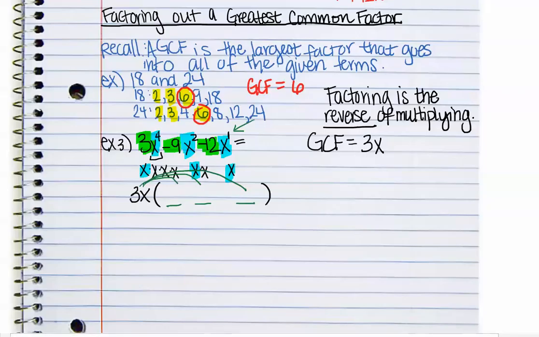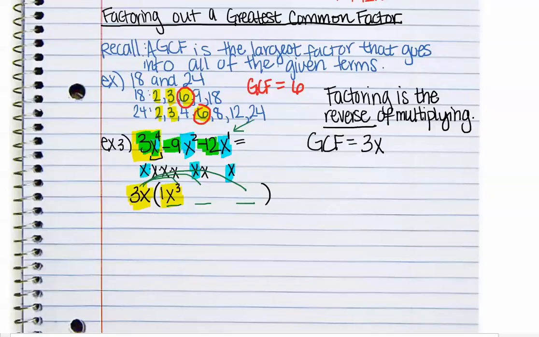I go, okay, 3x times something gave me 3x to the fourth. What would that be? Well, it doesn't need a 3, so it's almost like there's a 1. The 3 times the 1 would give me 3. Or I don't even need the 1, right? But I do need x's. I only have 1x. I need 3 more. So that's really an x cubed.